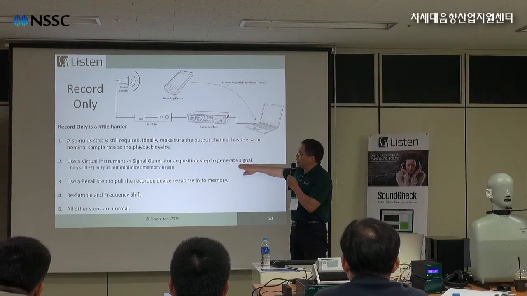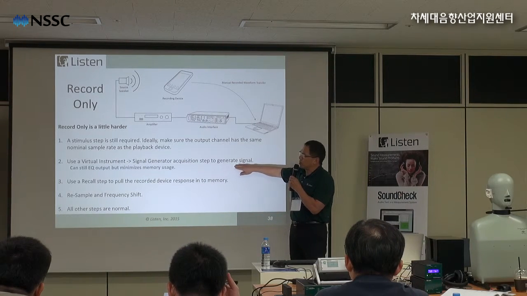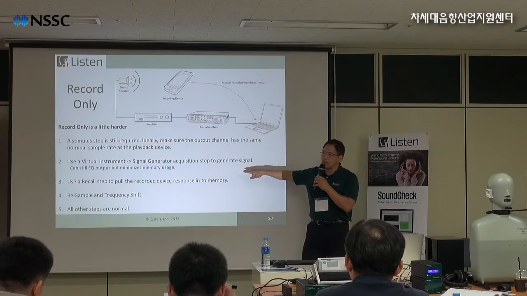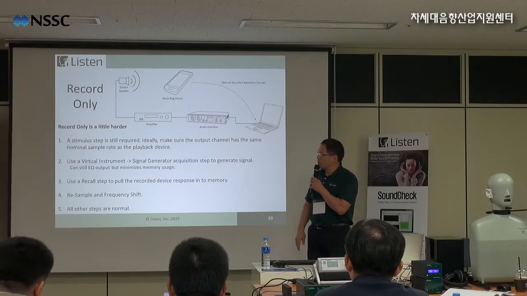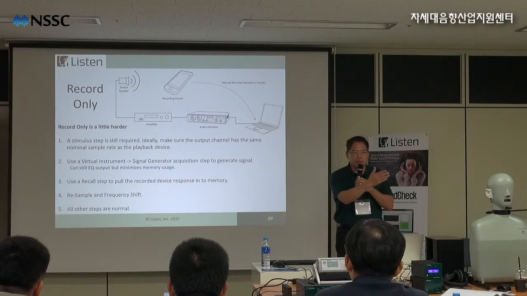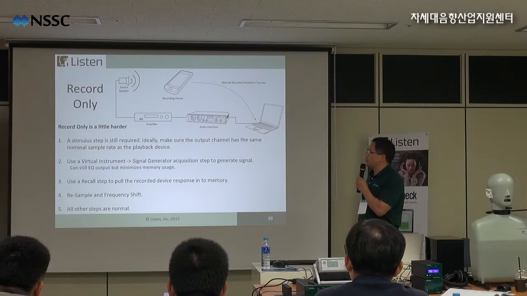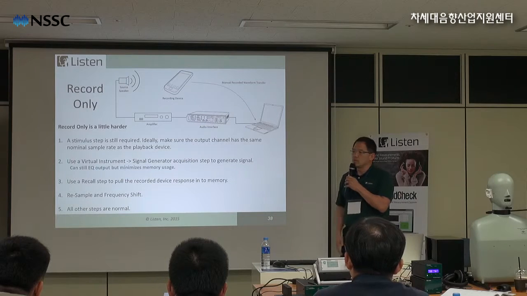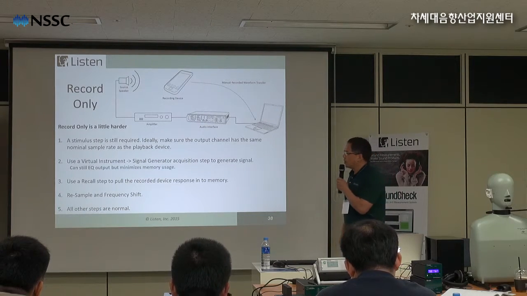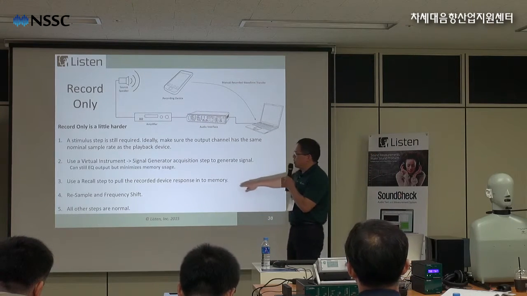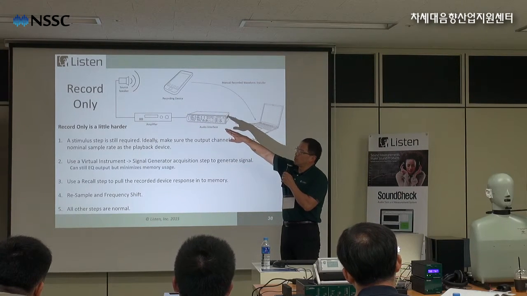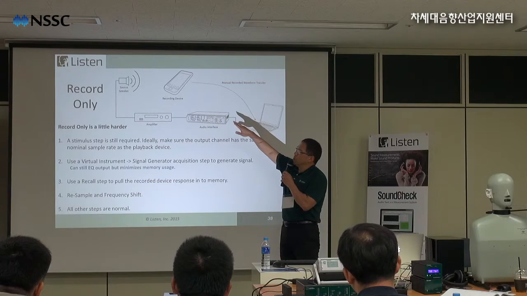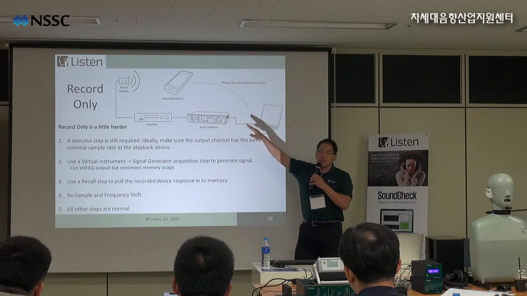You have to use a signal generator in your sequence to generate a signal. And you can do that through a speaker, a source speaker, to generate that signal. Once you've generated a signal from the source speaker, you make sure there's a way to record that in your device.